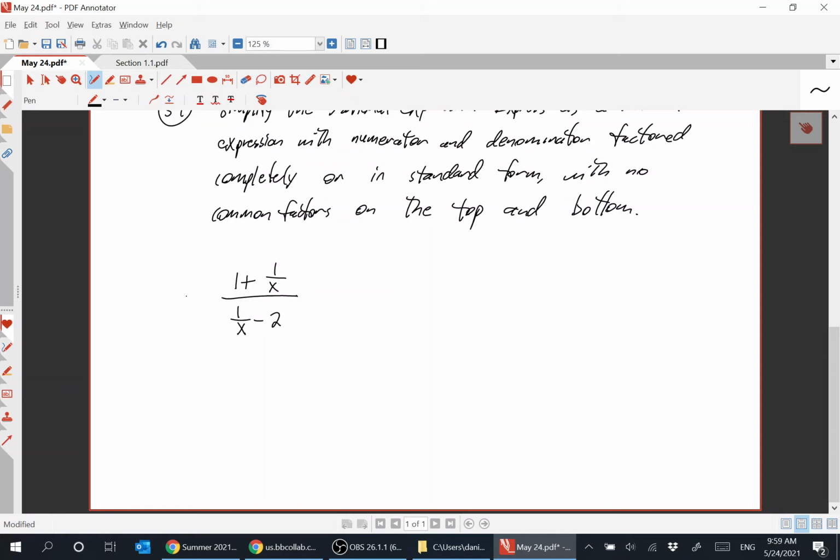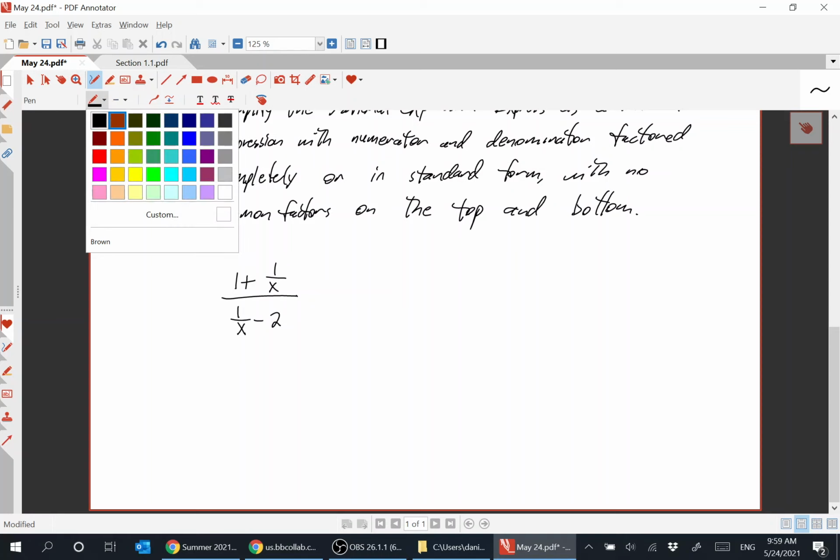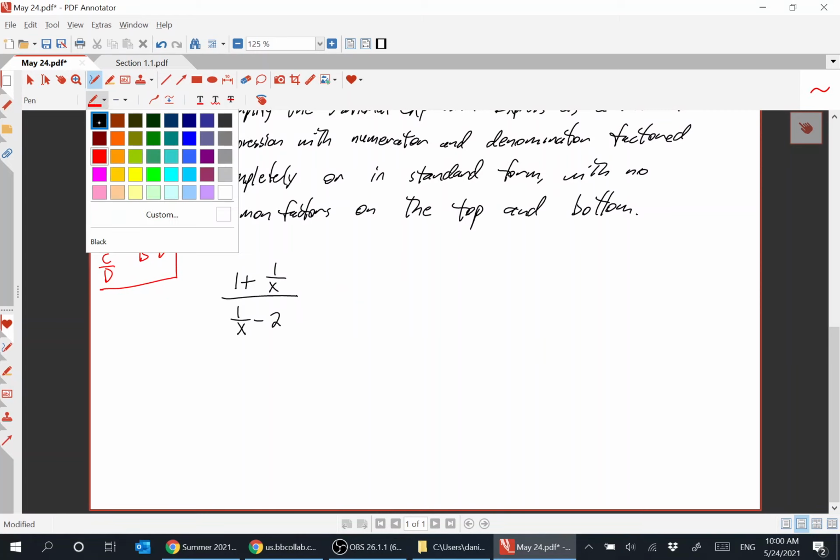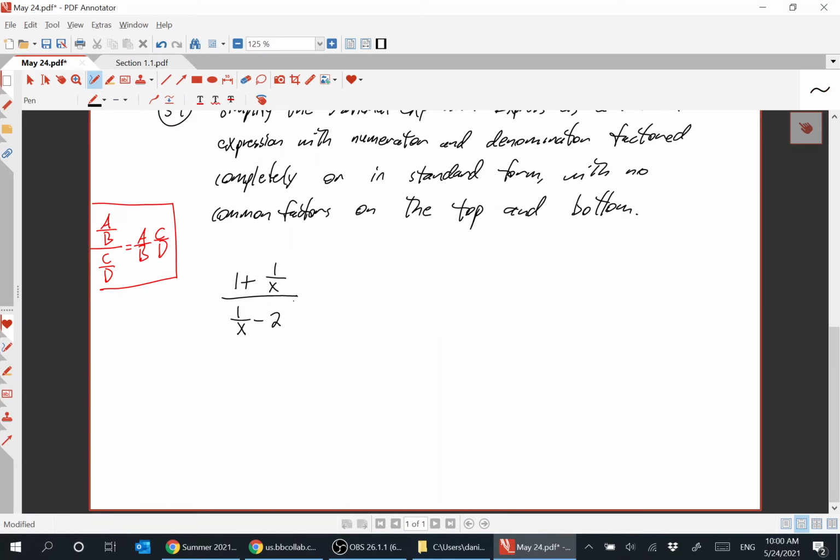So here, now what we want to do is the following. The basic way of simplifying a nested fraction, a over b, over c over d, you take the fraction on the top and you multiply by the reciprocal of the fraction on the bottom. Can I apply that here yet, though?